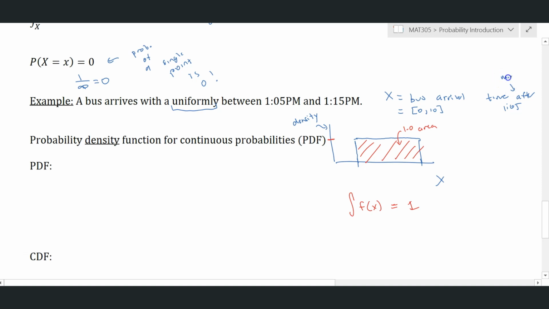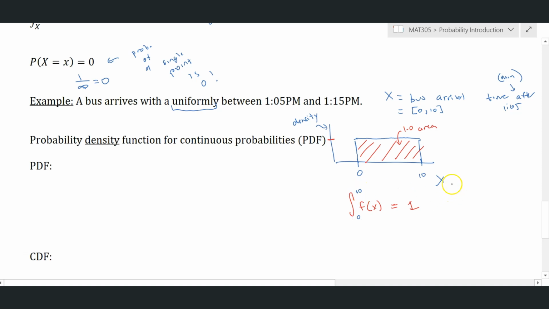And this would be in minutes. So in minutes after 1:05, it could be 0 minutes after 1:05, which would be 1:05, all the way up to 10 minutes after 1:05, which would be 1:15. Now here's 0, here's 10, and so the integral from 0 to 10 should be 1.